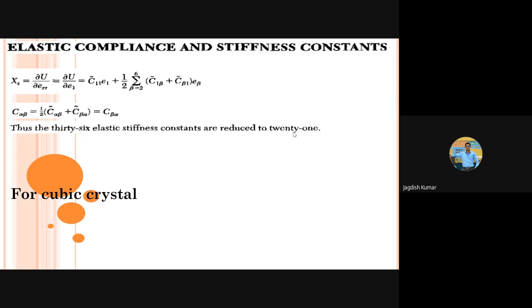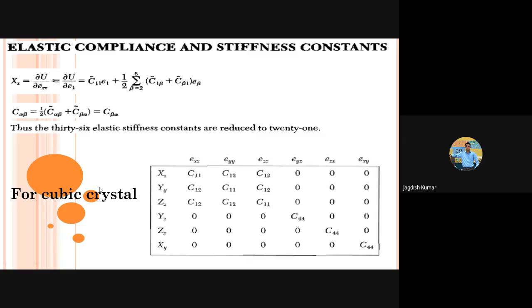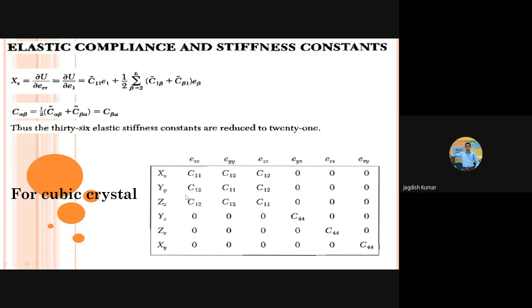Well, now that is in general, for any crystal of any kind. But if we have a cubic crystal, it means you have some internal symmetry in the unit cell. Then those 21 elastic stiffness constants further reduce to how many? You can count.